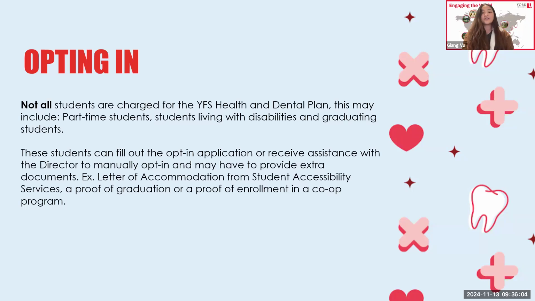However, they still have the ability to opt in using the opt-in application, which can be found on the YFS website. In these cases, they also require further proof or documentation. For example, students registered with student accessibility services require a letter of recommendation. Graduate students require proof of graduation, and for co-op, they might require a transcript or contract.